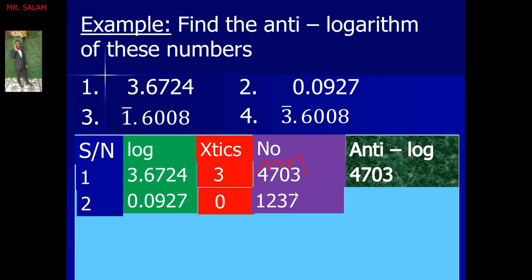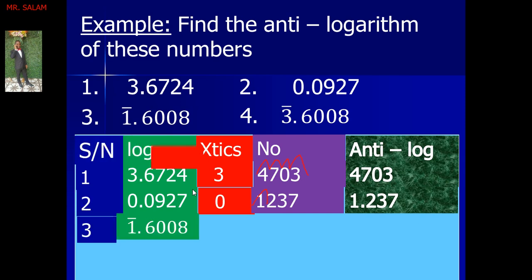So how do we now determine our final answer? Since the characteristic is 0, we add 1 to this 0, so that would be 1. So we now move our point to this place. So the final answer will be 1.237. It means the logarithm of 1.237 will give us 0.0927.